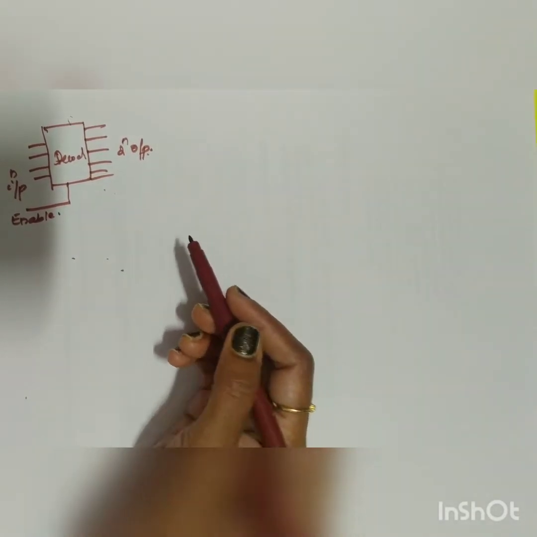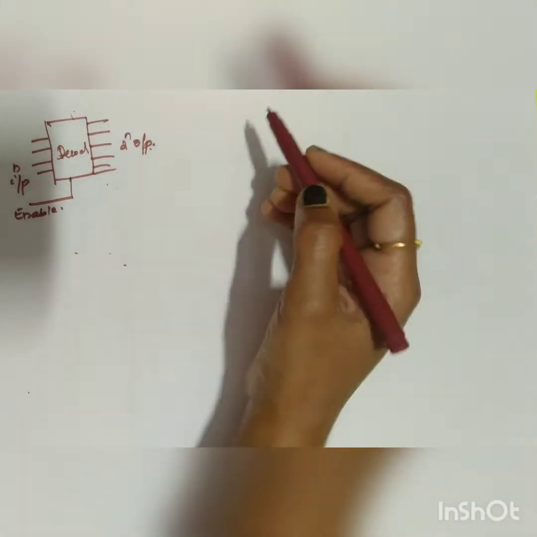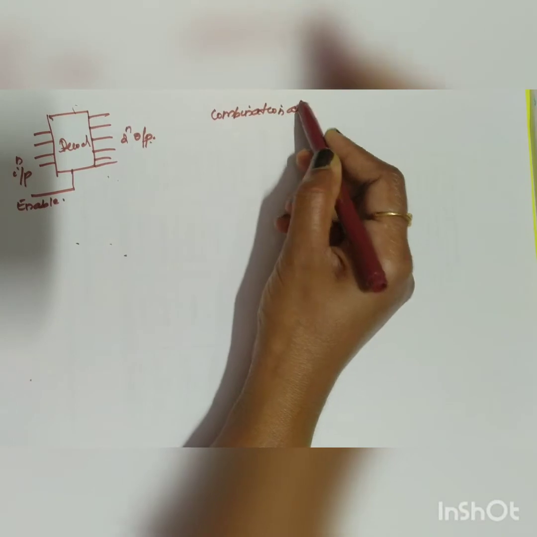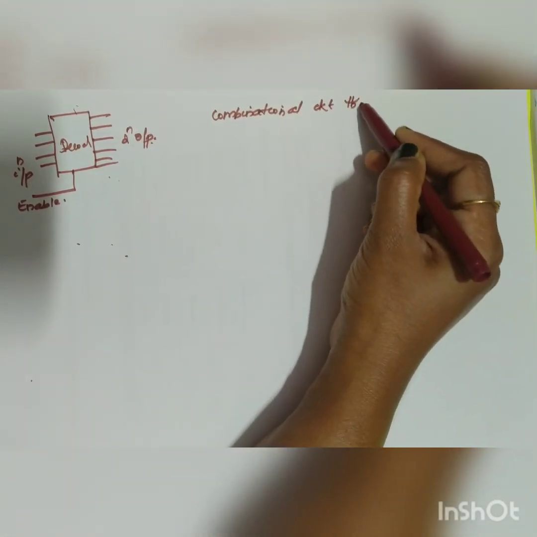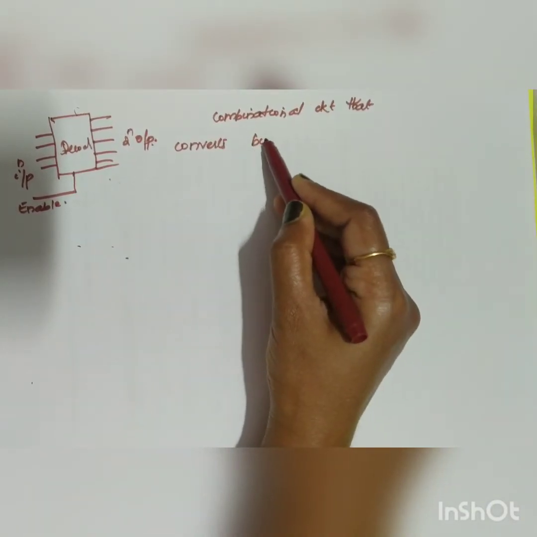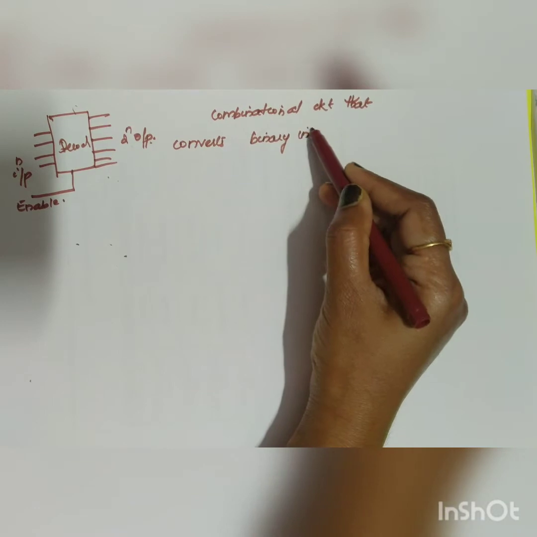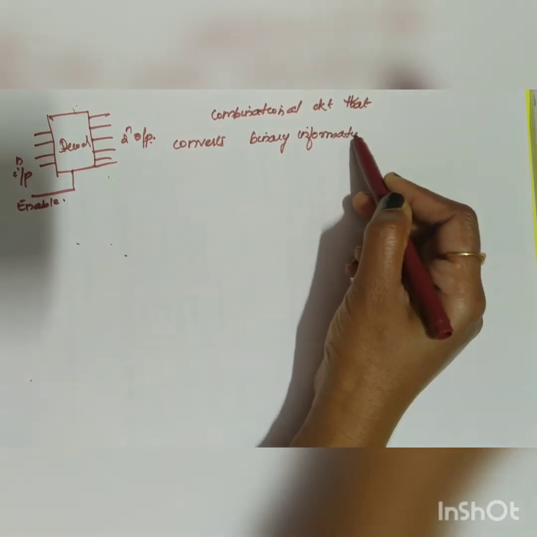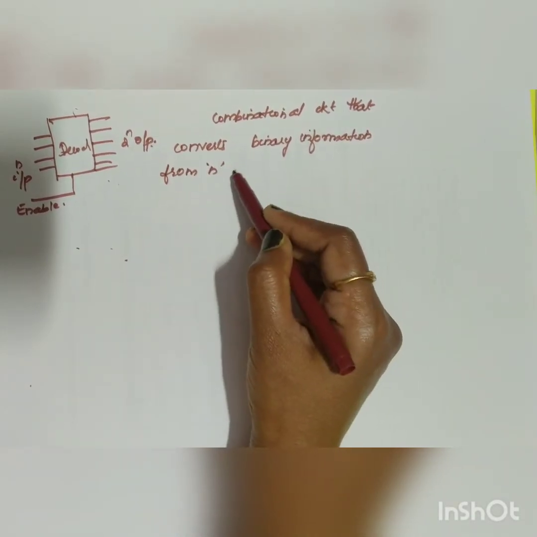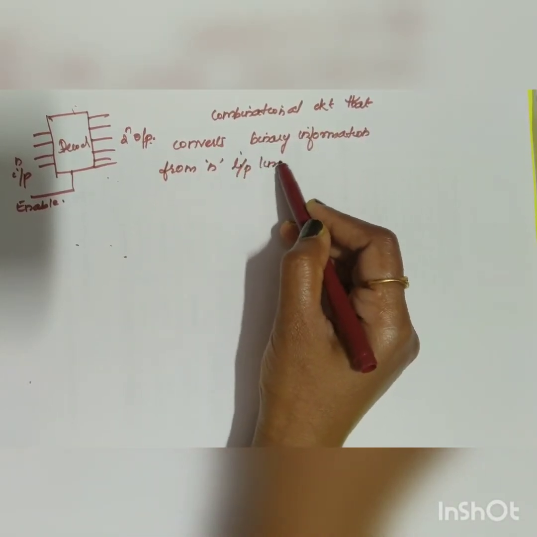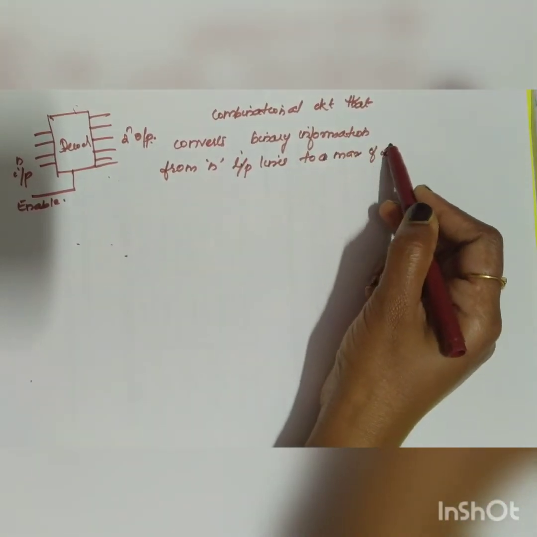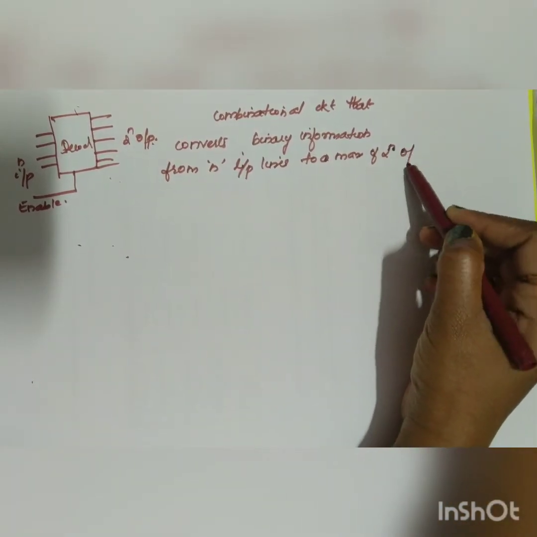So what is meant by a decoder? How can you define a decoder? A decoder is a combinational circuit that converts binary information from n input lines to a maximum of 2 power n output lines, right?